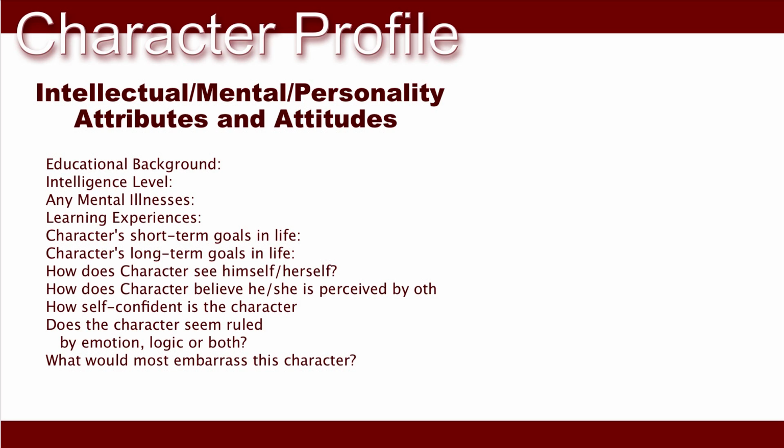How does the character see himself or herself? How does the character believe he or she is perceived by others? How self-confident is the character? Does the character seem ruled by emotion, logic, or both? What would most embarrass this character? Like I said, this will help you give your character a multi-dimensional persona, because I believe that there should be many levels to the soul, and not just one shallow being.